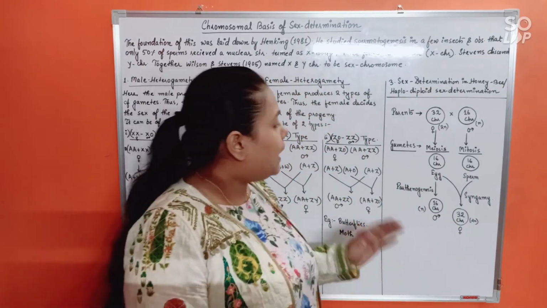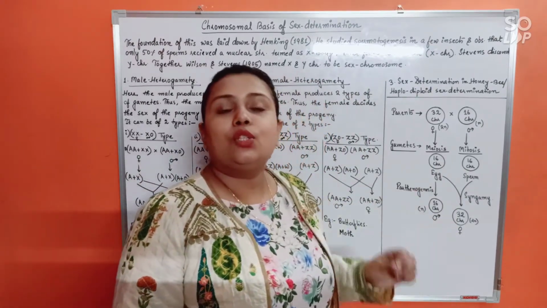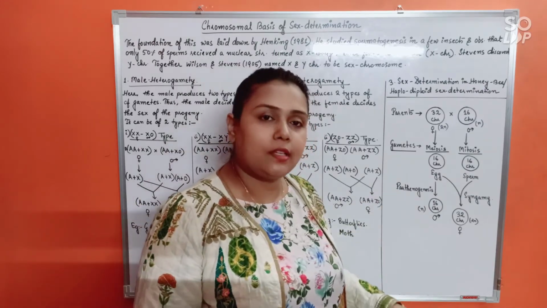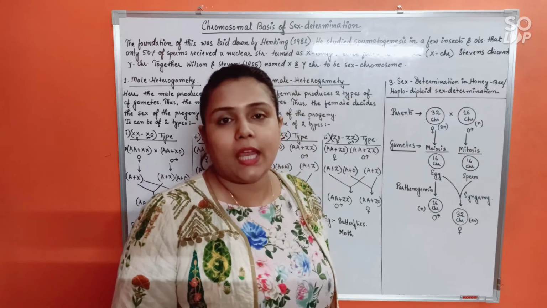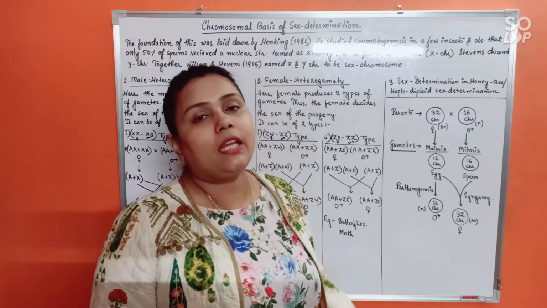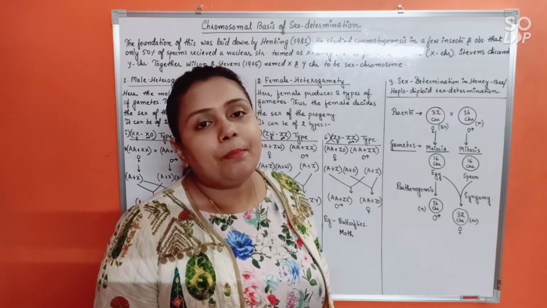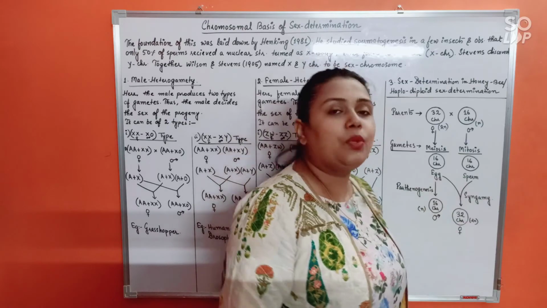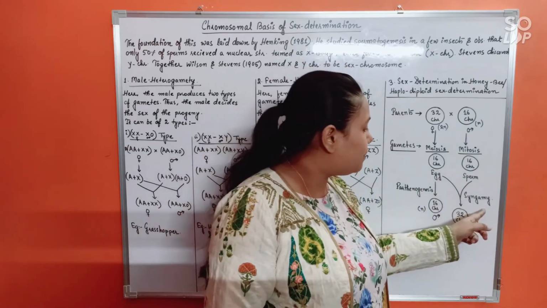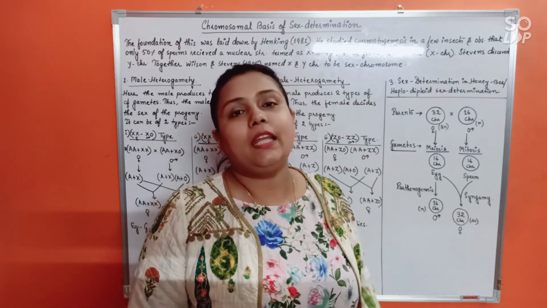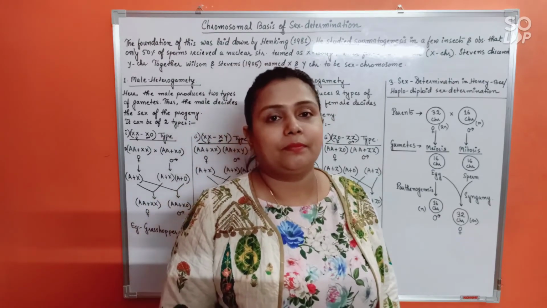Right? Now, in case the egg does not undergo fertilization and directly by parthenogenesis gives rise to a progeny, the progeny will be haploid, isn't it? And then directly it will result into a male, alright? Whereas in case the egg fuses with the sperm, syngamy takes place, the resultant progeny will be diploid. So it will be directly giving rise to a female. Alright?